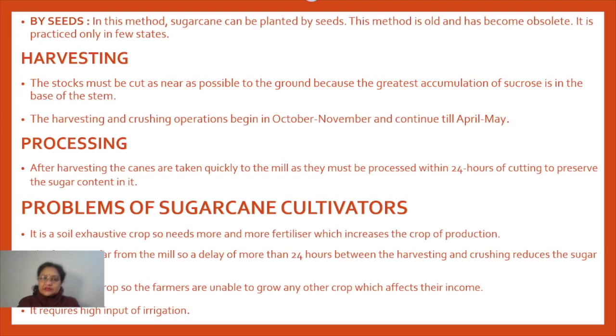In the southern region neither the frost conditions nor the loo conditions are experienced. That means very cold winters and very hot summers are totally absent. So due to the maritime influence, it gets a little benefit from that side. That means the climate becomes more favorable for sugarcane cultivation.